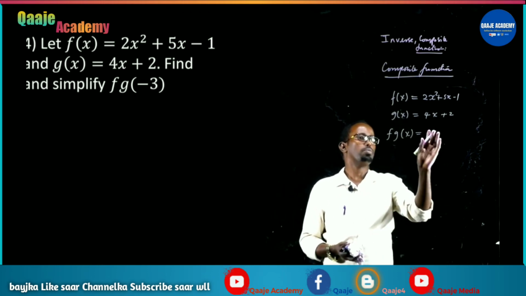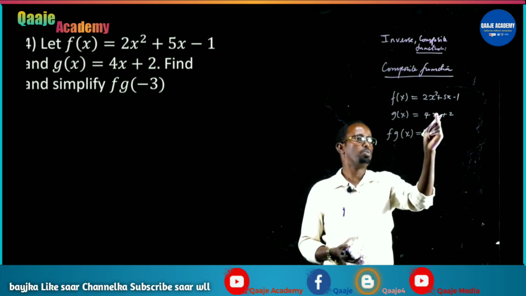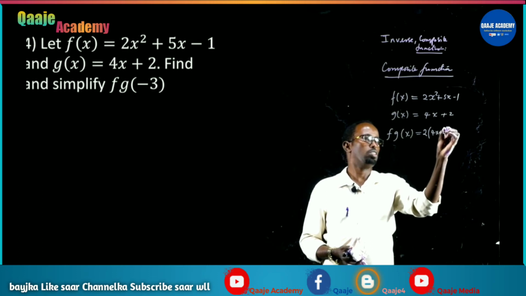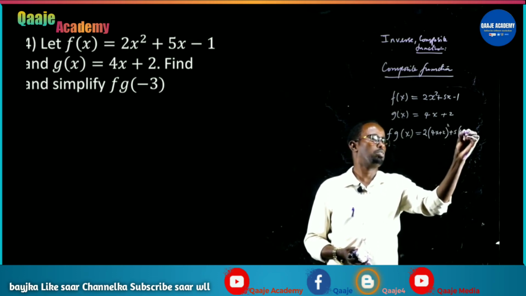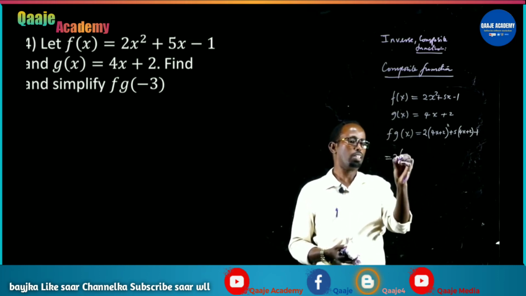So what we do is say 2, and instead of x you put 4x plus 2 there, in brackets squared, plus 5 times bracket 4x plus 2, and then minus 1. This will be 2 bracket.